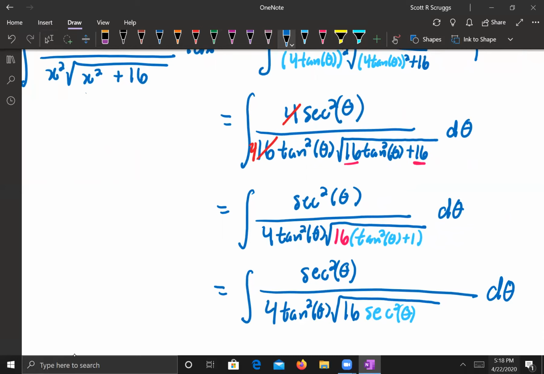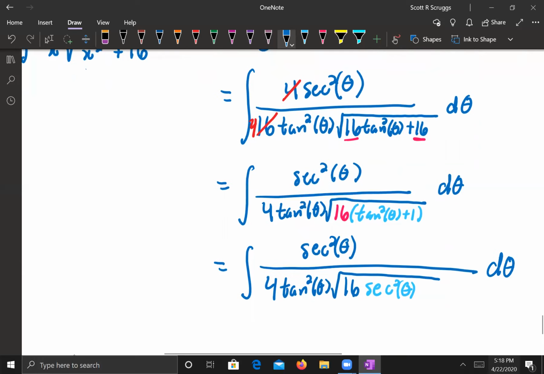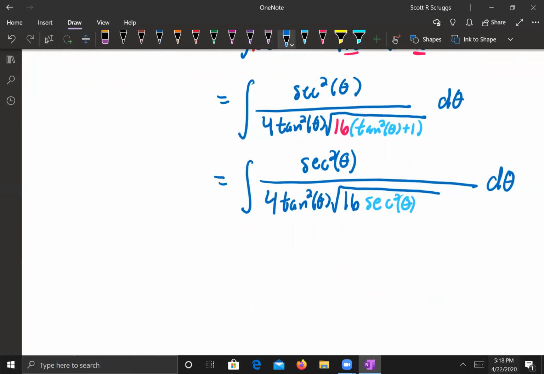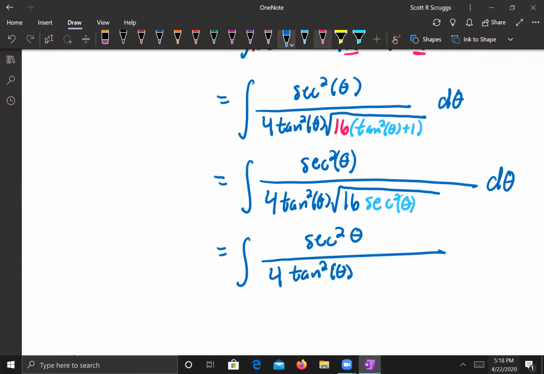Square root of 16 is 4. Square root of secant squared will be secant. So I now have the integral of secant squared of theta over 4 times tangent squared of theta, times, after evaluating the square root, 4 times the secant of theta, d theta.